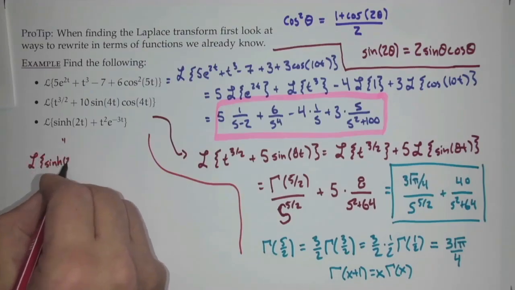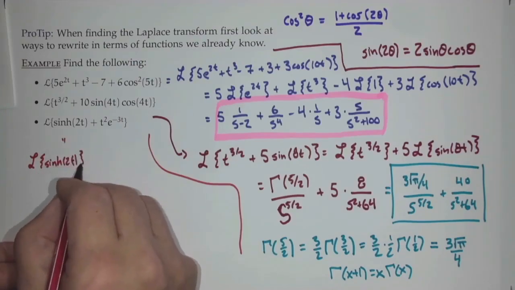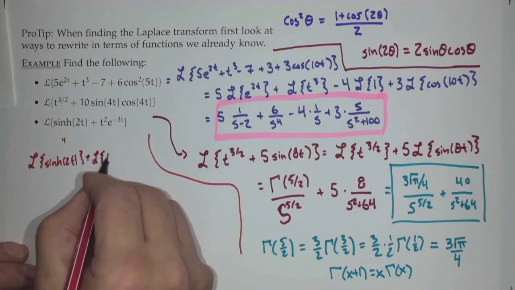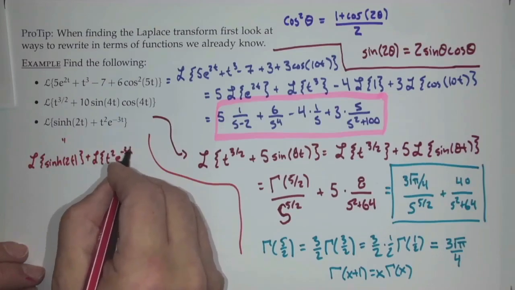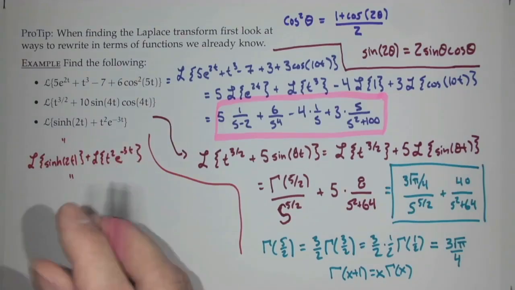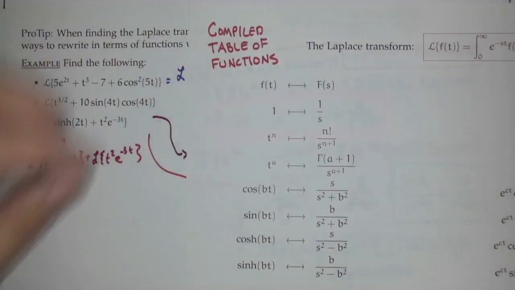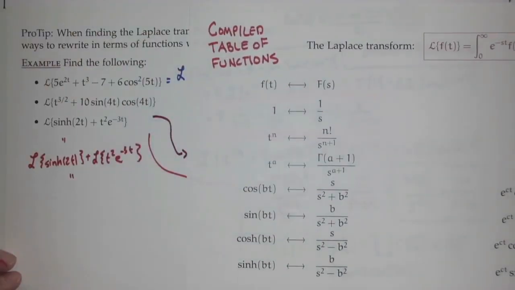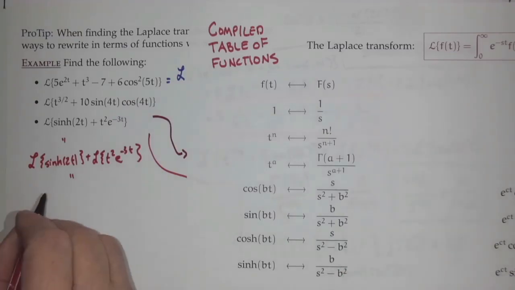Sinh 2t and t squared e to the minus 3t. Sinh of 2t will become what? Two over s squared minus 4.